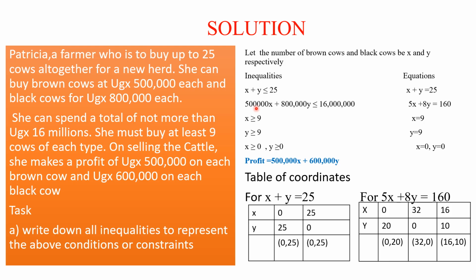Here, 500,000 divided by 100,000 I get 5, 800,000 divided by 100,000 I get 8, then 16 million divided by 100,000, I get 160. So when x is 0, y is equal to 20, and the coordinates are 0, 20. When y is 0, x is 32. And then when x is 16, y is equal to 10. The coordinates are 0, 20, 32, 0, and 16, 10.